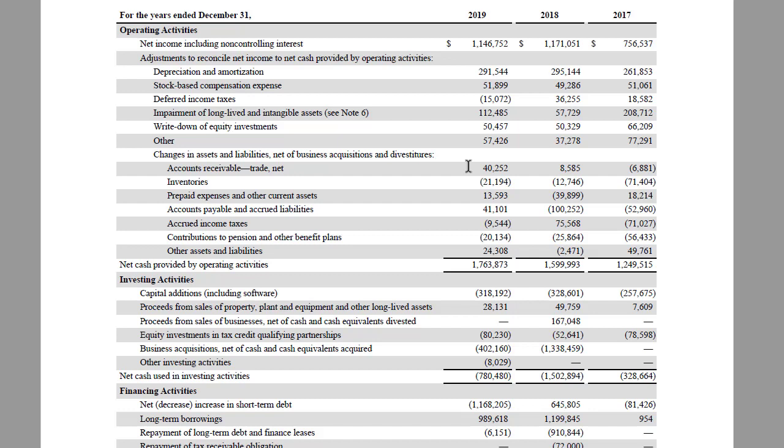The cash flow statement provides a quick and easy way, without calculating those changes yourself directly from the balance sheet. We can see that here with the prepaids, the accounts payable, accrued taxes, and these other items. They come directly from the balance sheet.